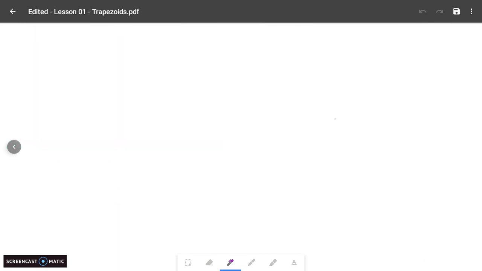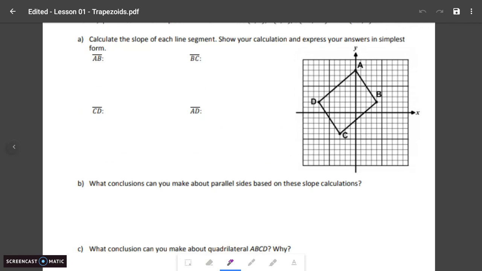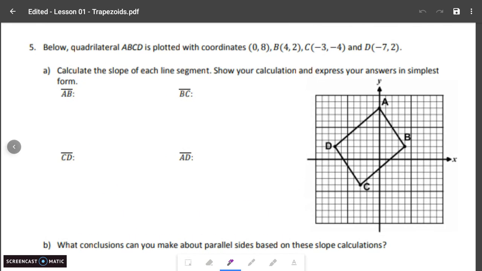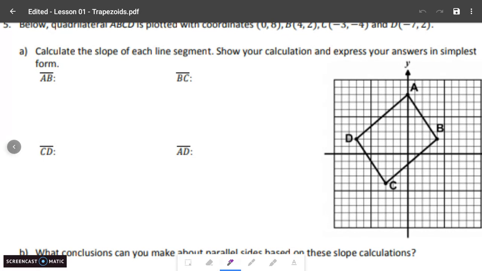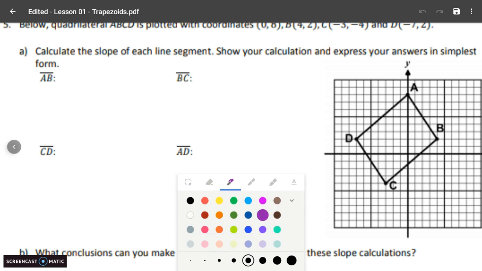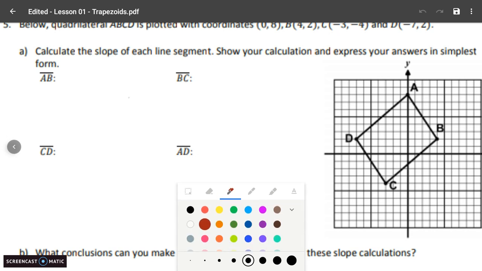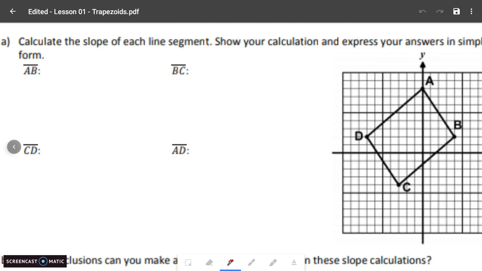And the last one, we're given the quadrilateral. It's shown below already. Calculate the slope of each line segment and then simplify your answers. So remember slope, nice thing about graphs is we just can count. So AB, we read it left to right, so it's going down 1, 2, 3, 4, 5, 6 over 4, which simplifies to negative 3 over 2.